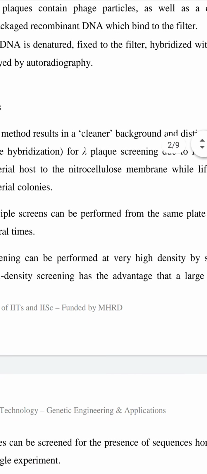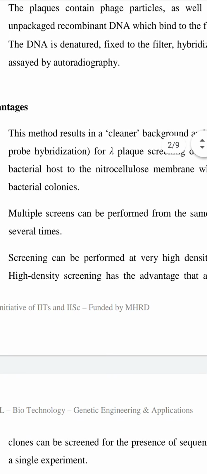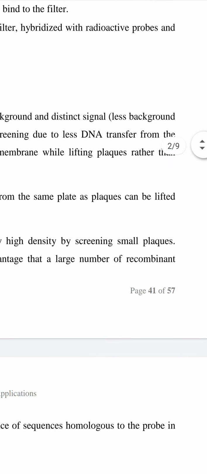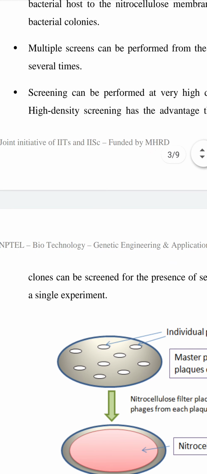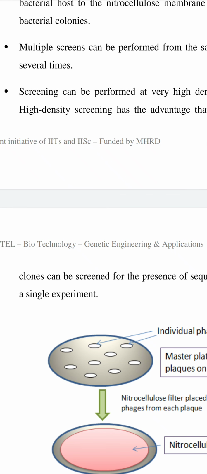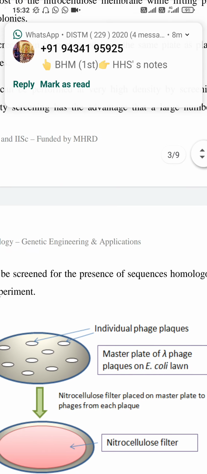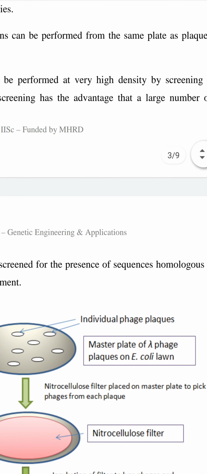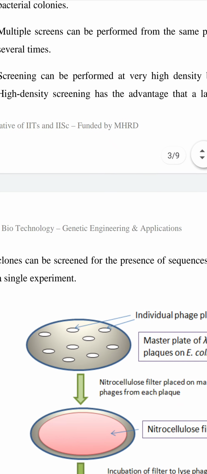High density screening has the advantage that a large number of recombinant clones can be screened for the presence of sequences homologous to the probes in a single experiment.